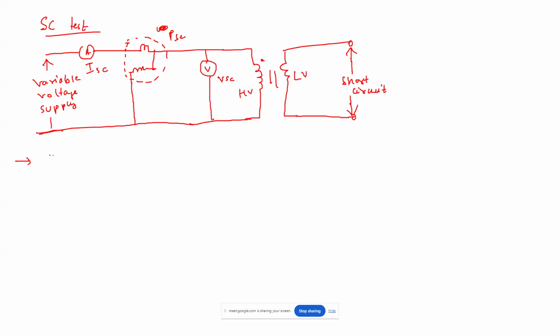Now, the SC test is carried out at rated current to determine the full load copper loss.